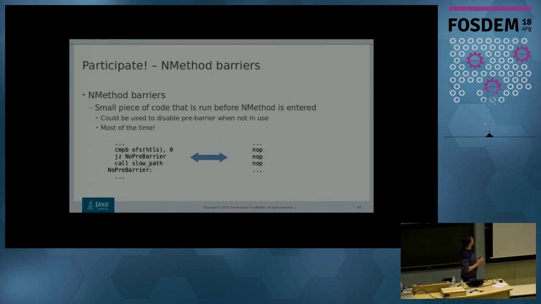So what a method barrier could do is, during the time when it's not needed, remove that so-called pre-barrier and exchange it by NOPs. That means no operations, and basically every CPU can do nothing pretty fast.